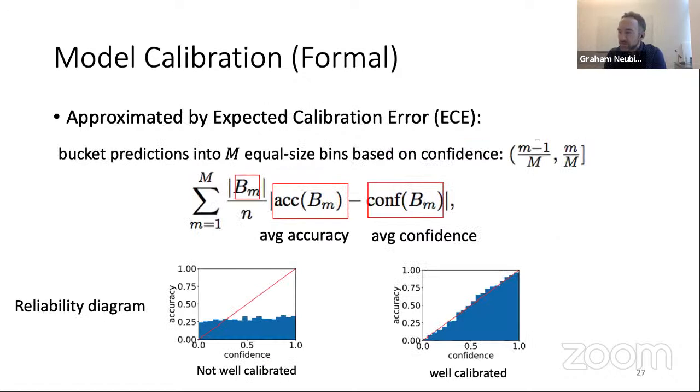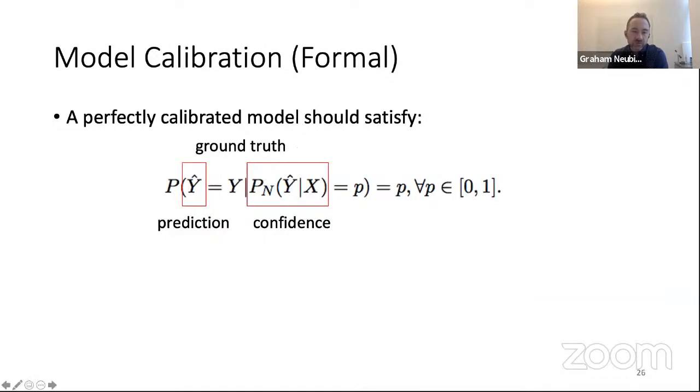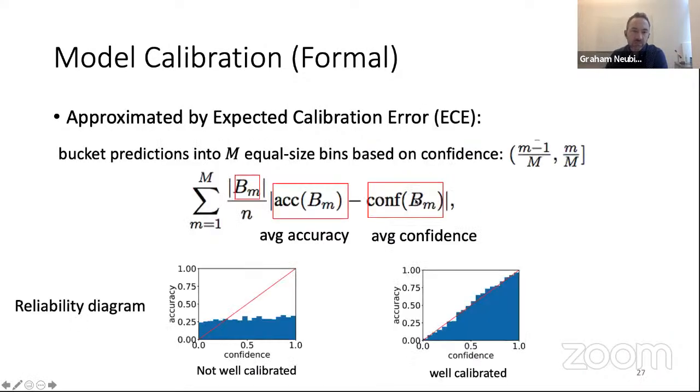So this is the ideal definition of calibration, but it's not possible to actually verify this, and it's not actually going to be the case most of the time. One way that we can see how close we got to this ideal is by using something called expected calibration error.